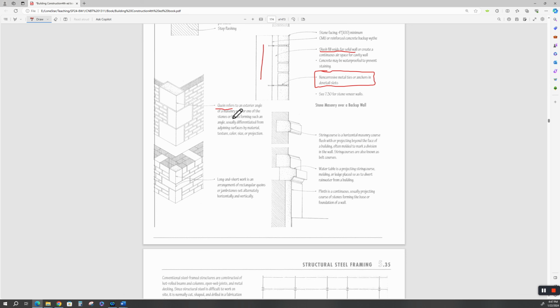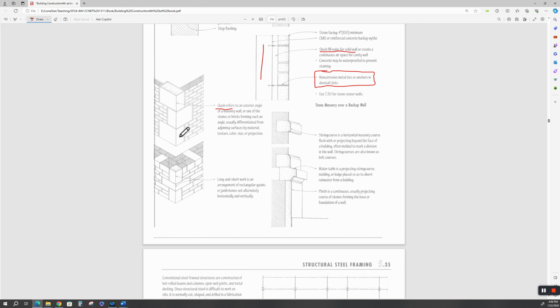Quoin refers to an exterior angle of a masonry wall or one of the stones or bricks forming such an angle, usually differentiated from adjoining surfaces. Like I told you, in those traditionally old buildings, there would be a quoin, or what was referred to as a cornerstone.